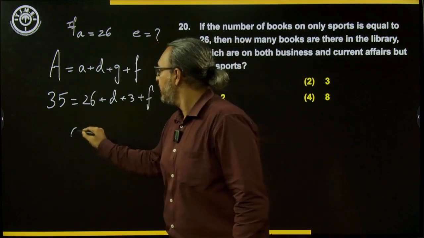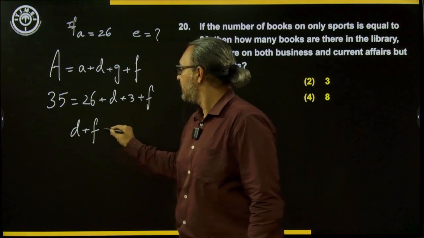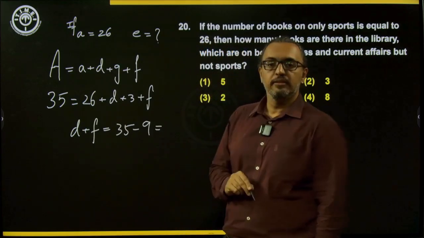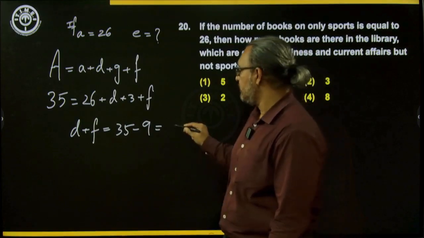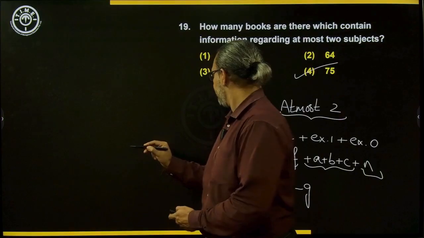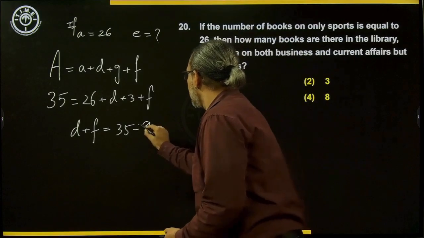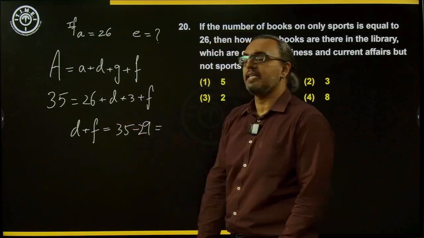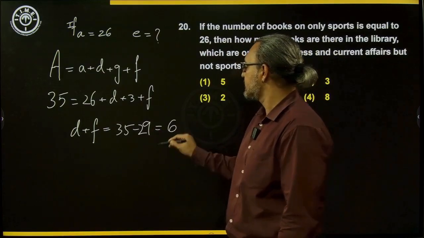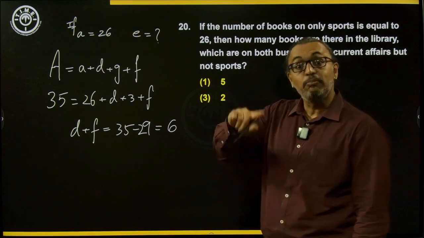So from here we get D plus F as 35 minus 29. So 26 plus 3, 29. So 35 minus 29 you get is 6. So D plus F is 6.